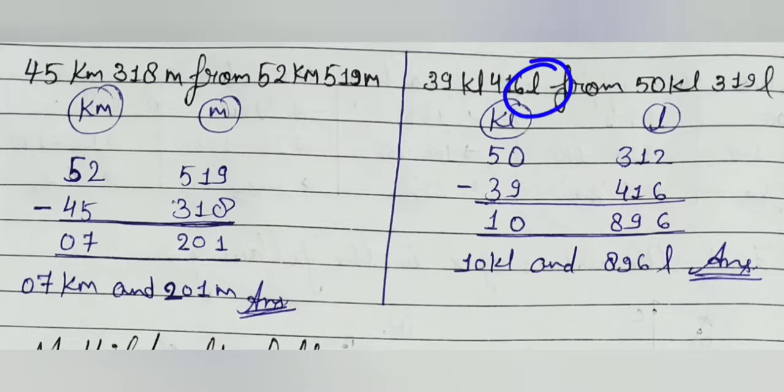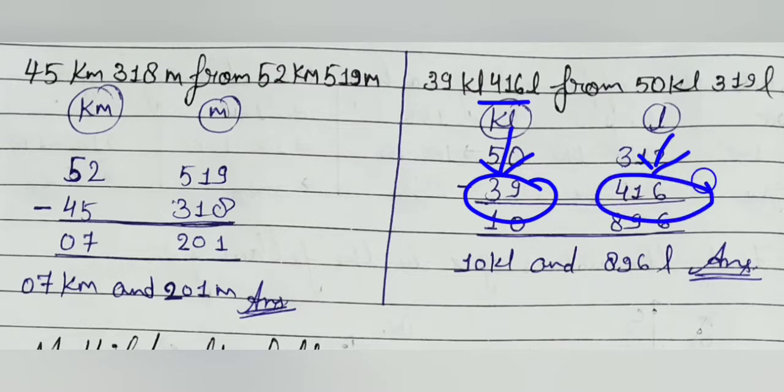So put here kiloliter and liter and arrange your values. We have to subtract this part from this one. So first we will arrange this part: write 50 below the kiloliter and 312 below the liter. And we have to subtract this part: 39 below the kiloliter and 416 below the liter.